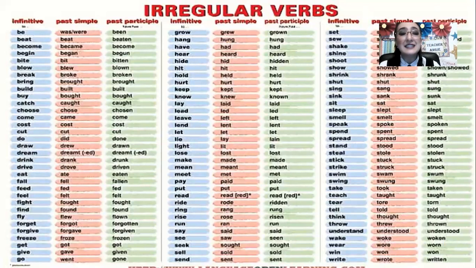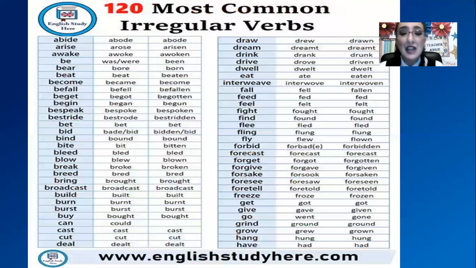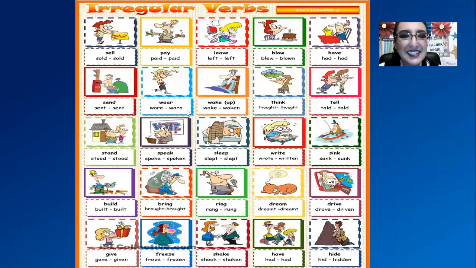But indeed, as I was telling you, it is super important that you have a lot of vocabulary and a lot of verbs, because verbs are part of that vocabulary. Let's start with these 120 most common verbs that are irregulars. You can do it. And now you are going to be helping me with this.